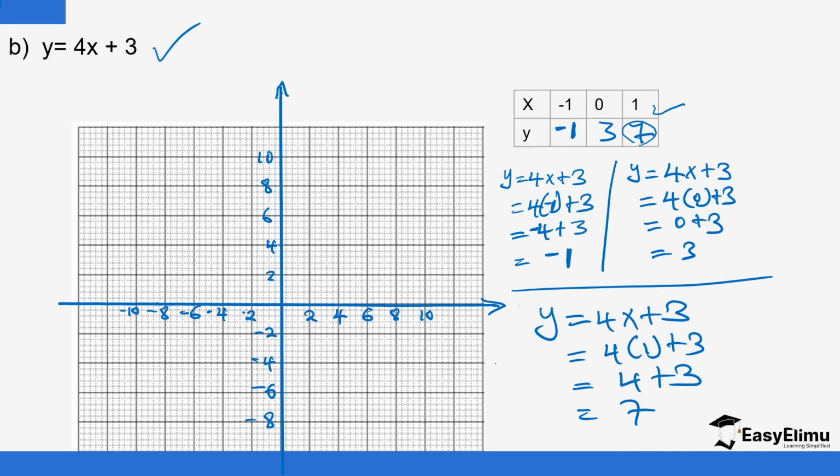So you treat them as points. So the first point is A, second point is B, and the last point is C. So point A should be -1, -1. B should be 0, 3, and C should be 1, 7. So you plot them. -1, -1 is there.